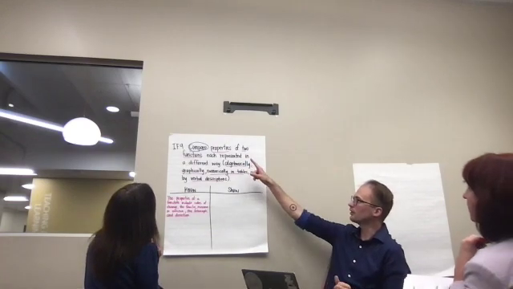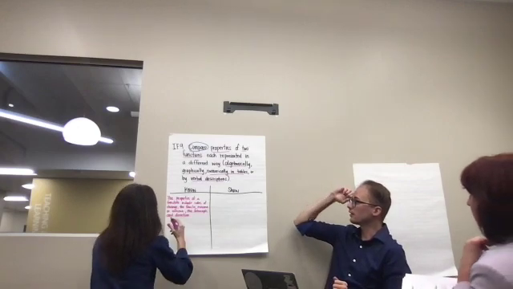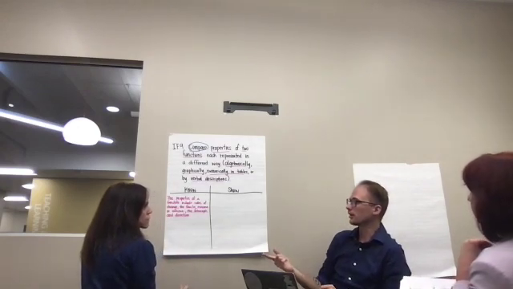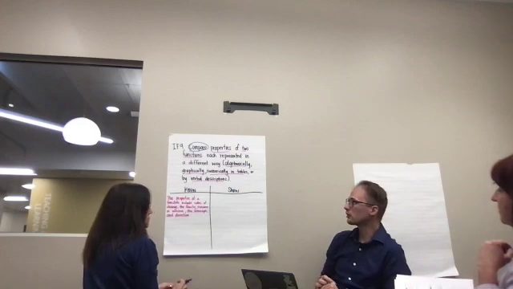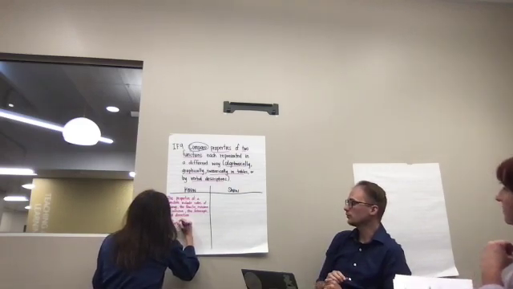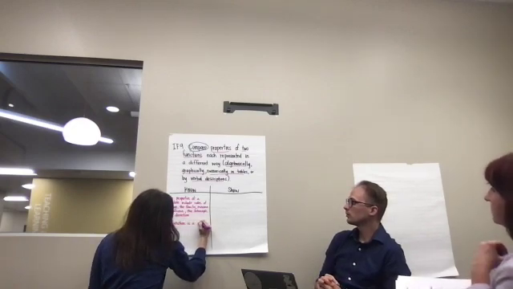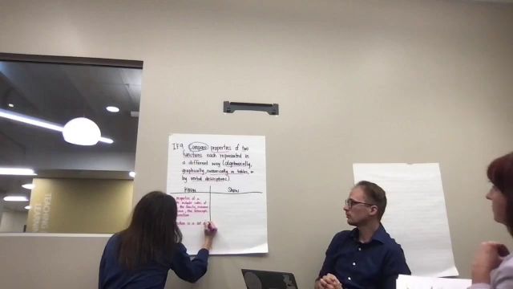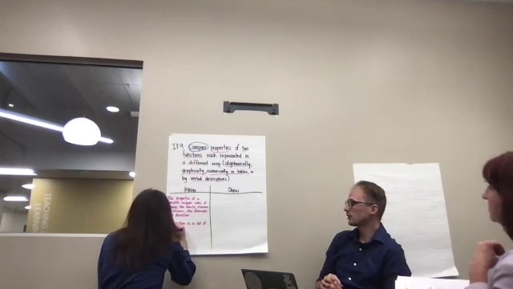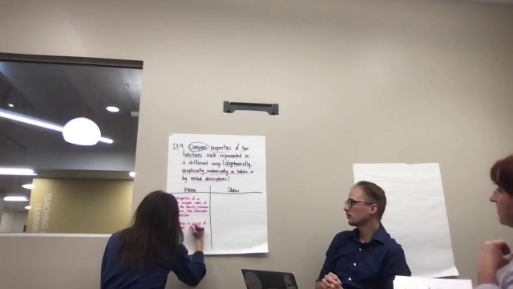So that covers properties. Functions, this is another thing that points back to that content vocabulary. A function is a set of inputs and outputs that follows rules.